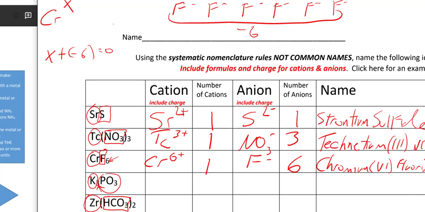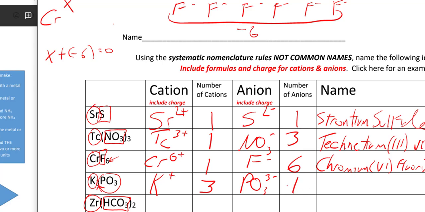So the next one has 3 potassiums, and potassium is a +1 metal, and there's 3 of these guys here. The anion is PO3. Turns out that PO3 is in your polyatomic ion list, and this is a -3 or 3 negative charge.